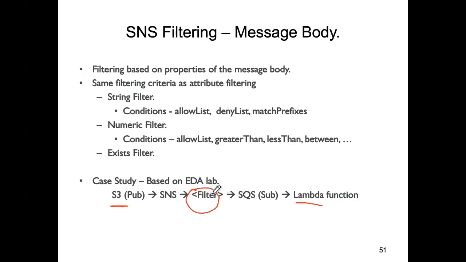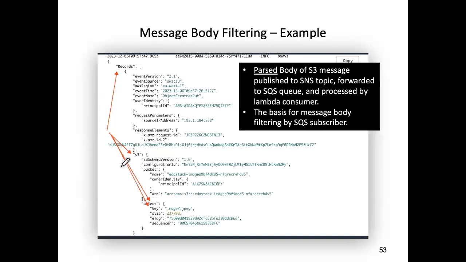So how do I write the filter? It's a body-based filter as opposed to an attribute filter. The answer to the question, how do I write the filter? Before you can actually write the filter, you do need to fully understand the structure of the message, which is why I'm showing you this screenshot here.